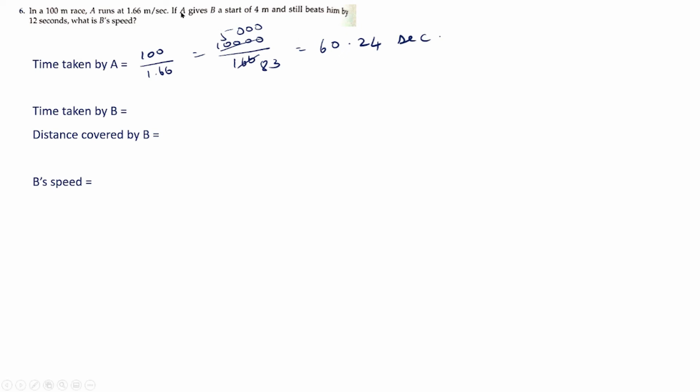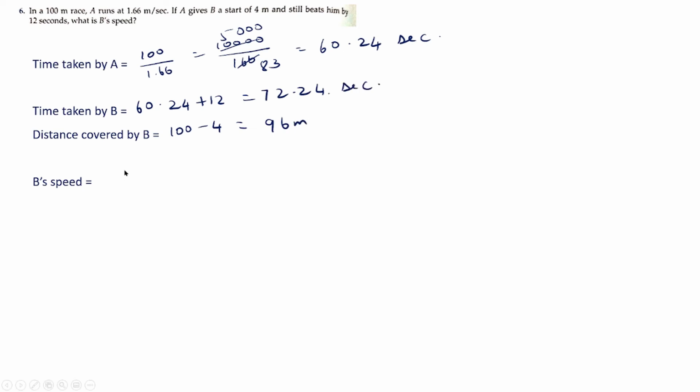And here it is given A beats B by 12 seconds. So time taken by B will be time taken by A plus 12. So time taken by B is 60.24 plus 12, so it is 72.24. And then here we have A gives B a start of 4 meters. So the distance covered by B will be 100 minus 4, which is 96 meters.